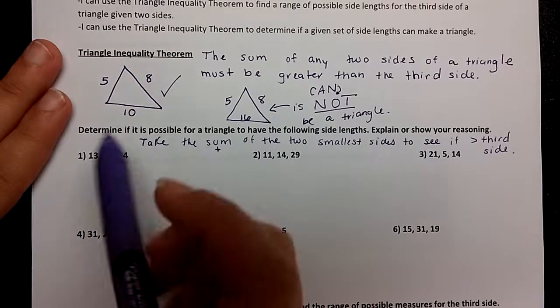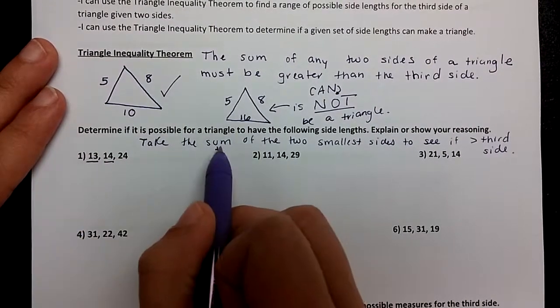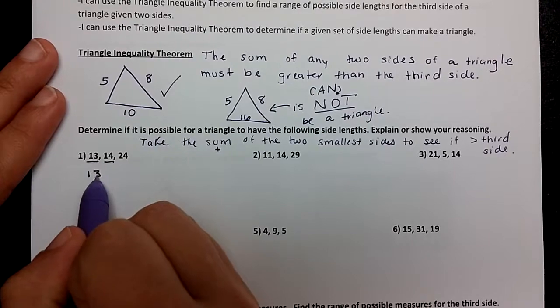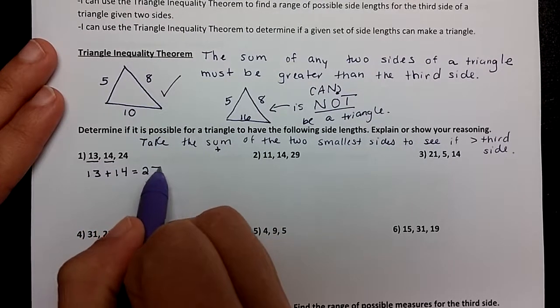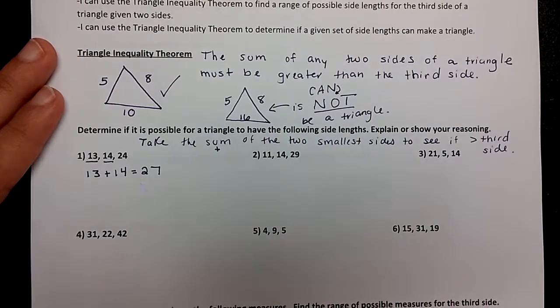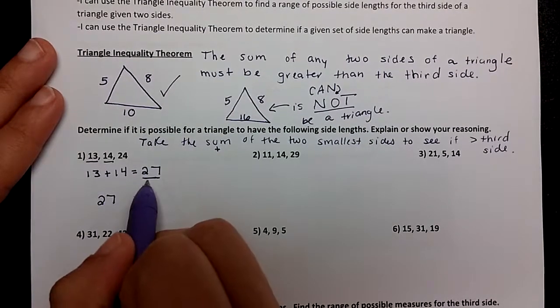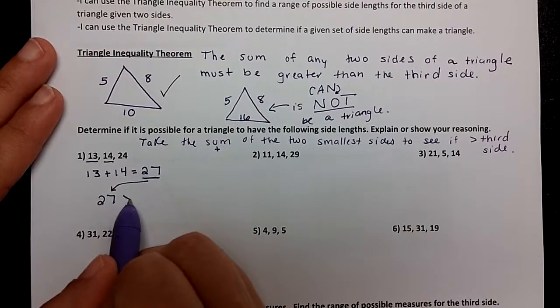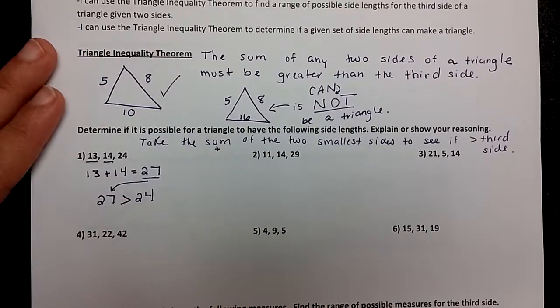So if we look at the first example, the two smaller numbers are 13 and 14. So I'm going to take the sum, which means add, 13 plus 14, which gives me 27. So now we have to check, is this sum that I got, 27, greater than the third side here, which is 24?